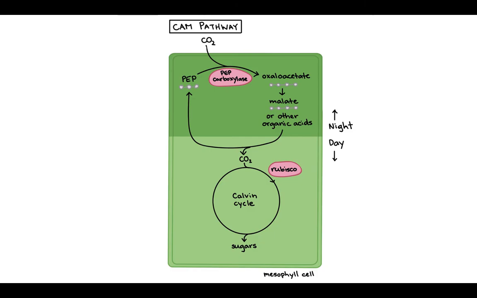And all of that happens at night when it's not hot and dry, when the plant can afford to leave the stomata open and draw in all of that carbon dioxide. Then, during the daytime, they close up the stomata, so there's no more carbon dioxide coming in, but there's this stored carbon dioxide that then gets processed in the Calvin cycle as the energy from the light-dependent reactions becomes available.